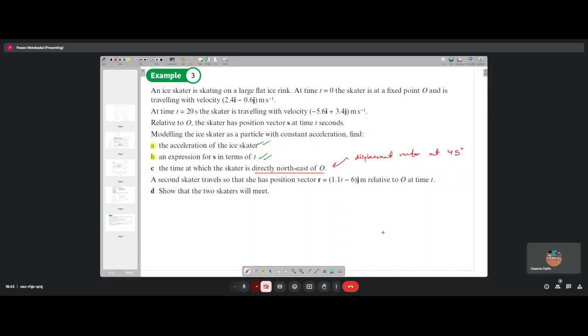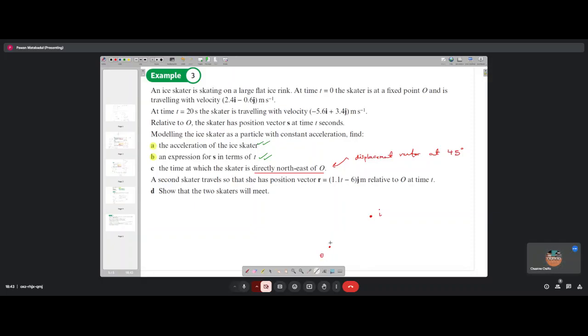Well, if you were to draw out the vector, actually, let me do this properly. Say if this is the ice skater, I for ice skater. And say if this is the fixed point O, right?